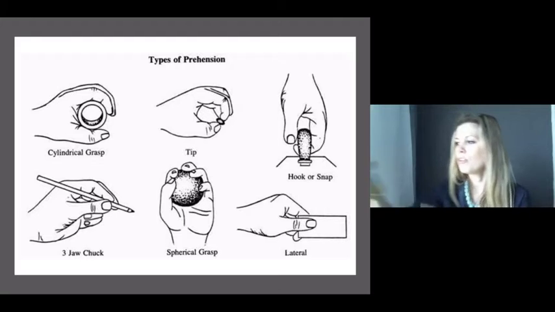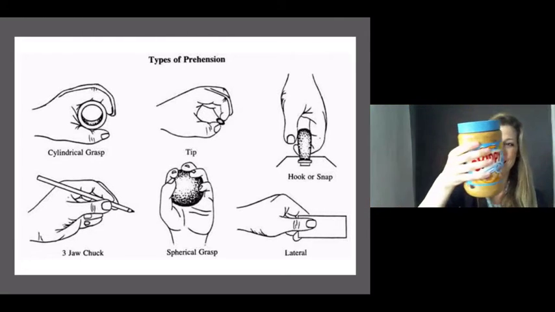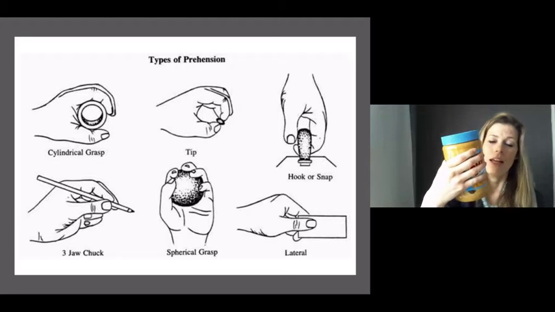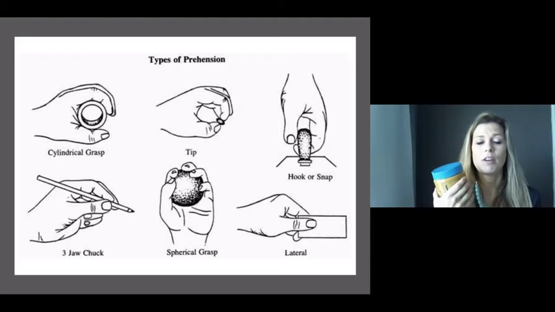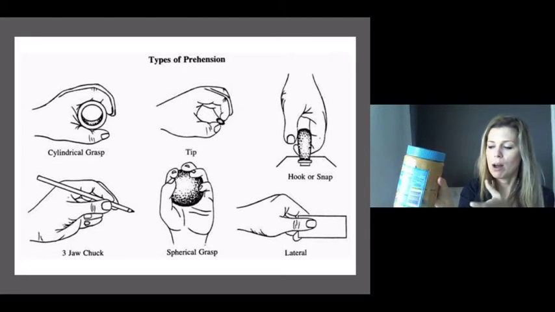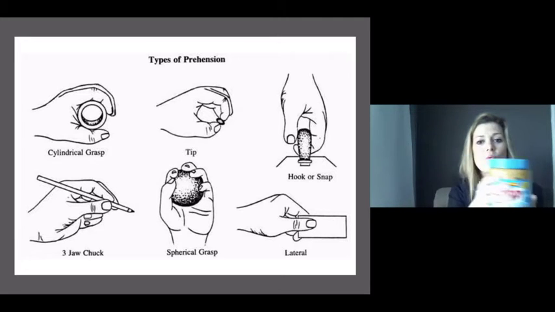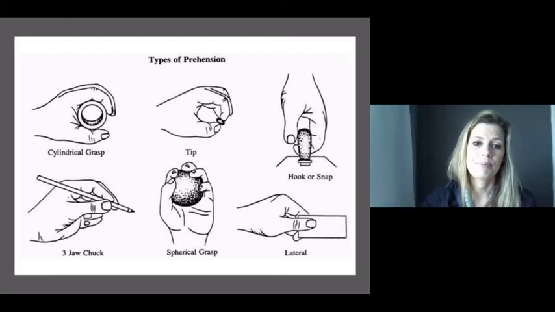Grasping around our Skippy cream peanut butter, you're using that cylindrical grasp as well. And we're recruiting some of our finger flexors, some of our intrinsics, our thumb musculature, our abductor pollicis brevis, to really allow that hand to function and grasp within these patterns.